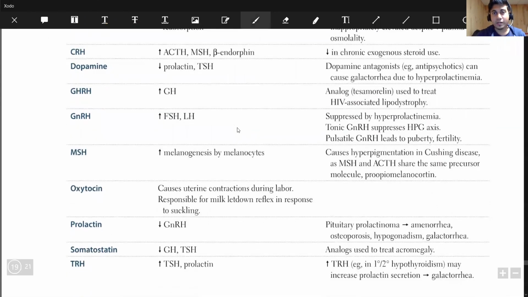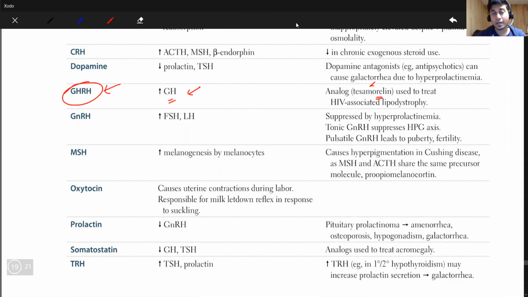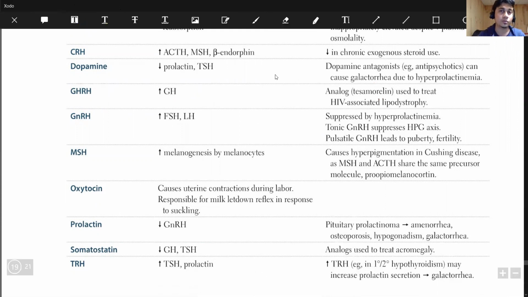GHRH, growth hormone releasing hormone, increases the growth hormone secretion. And there's an analog of GHRH that is called tesamorelin. This tesamorelin is a GHRH analog, that means it works like the GHRH to stimulate the anterior pituitary to release the growth hormone, and that can be used to treat HIV-associated lipodystrophy.